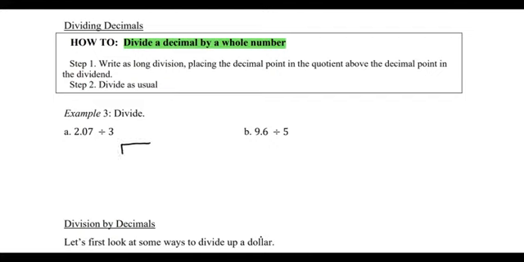I have 2.07 divided by 3. The first question I ask myself: does 3 go into 2? It does not, so I'm going to use a 0. This is different from when we divided whole numbers, because we never had to write the leading 0.